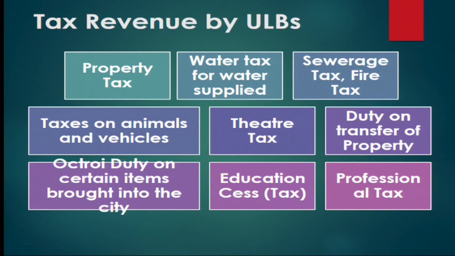Many western states in India collect a lot of octroi, which is nothing but a levy on items brought into the city. We also have education cess, and of course, as professionals, we all pay professional tax. These are the exact tax revenue items through which revenue is earned by urban local bodies in India.